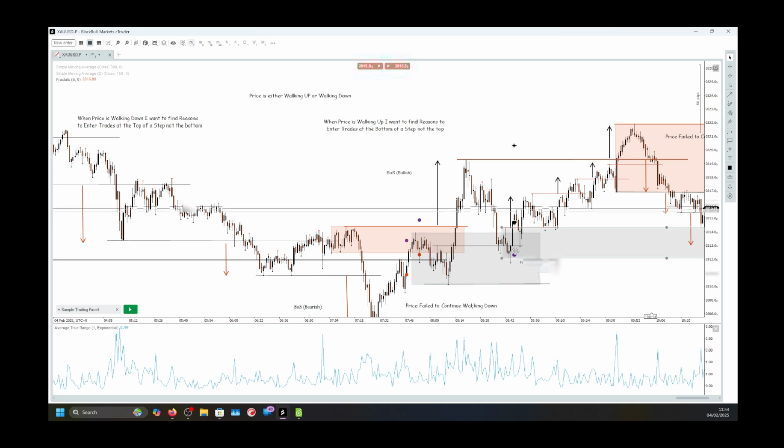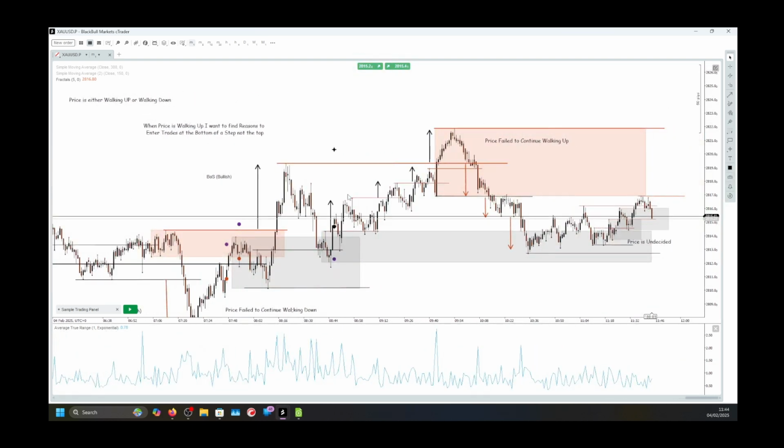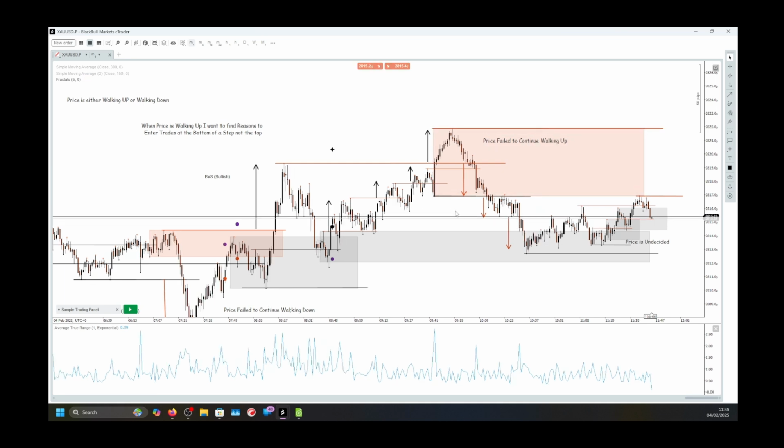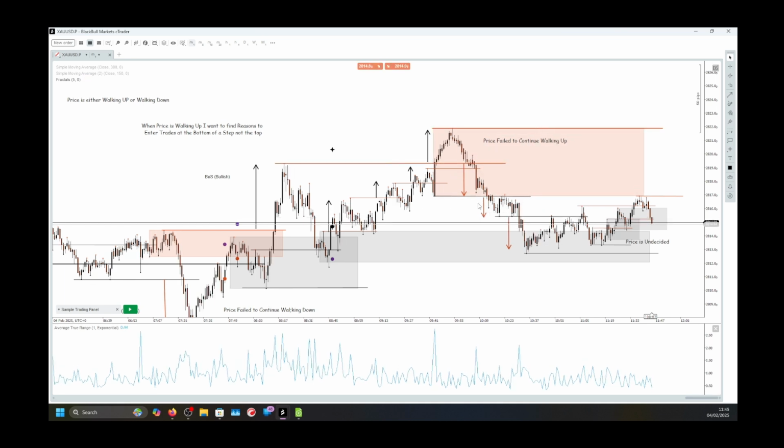And that's when I started looking for price to come back into here to start going long again, and that's when we had this bullish reaction that got me into going long. See, at the moment we've got price started to step up.